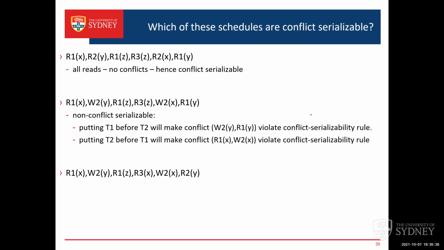What about last one? What about this, the last one? Is it conflict serializable? First, figure out how many conflict you have. Then try to draw the graph somewhere in piece of paper, and then answer.